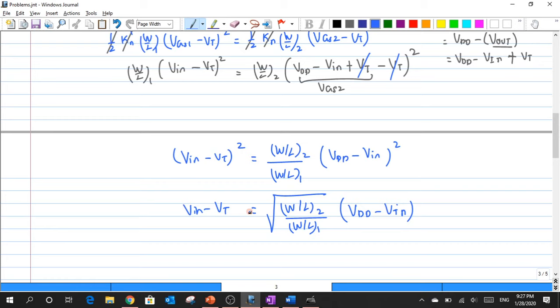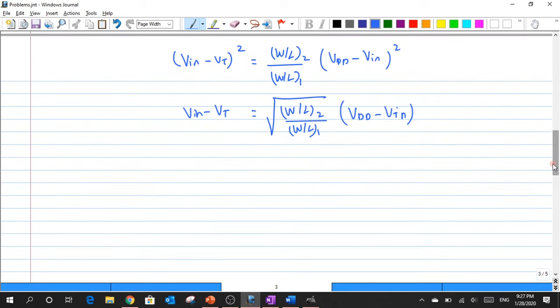Okay, so now we have to do a simple algebra just by moving Vn to one end and the remaining terms to the other end. I just try to move this Vn term that is available on the right towards the left, so that a 1 value would come from here, and there is a negative sign, so because of that the W by L factor would appear here.